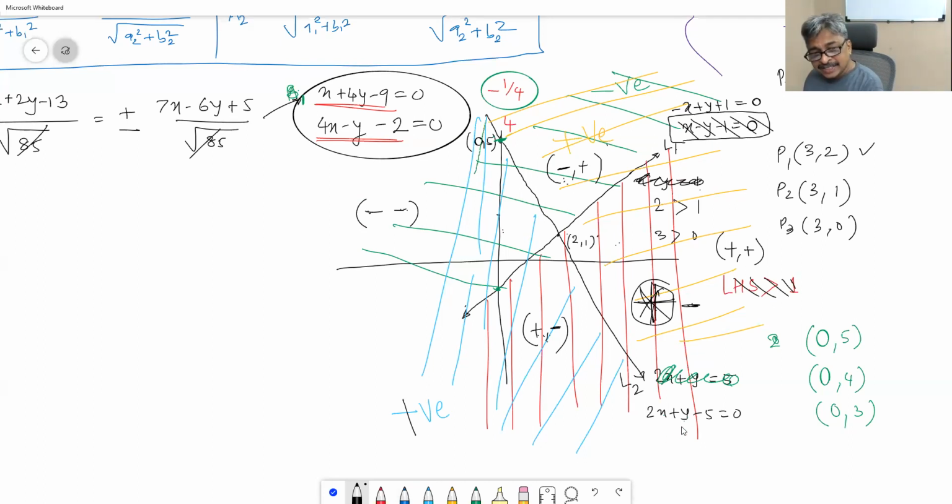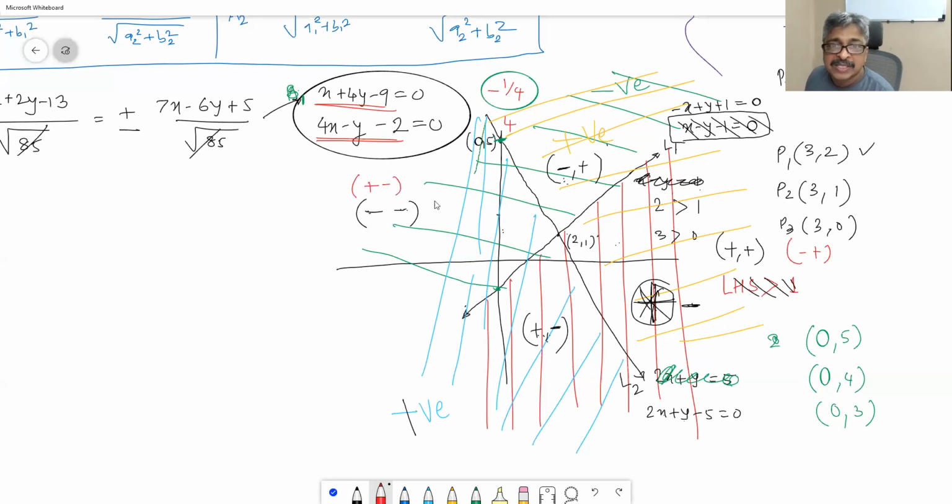If I keep this line as it is, and if I multiply this line by minus 1, then what are the quadrants now? This becomes new color. This earlier it was plus plus, now it has become minus plus. Opposite, earlier it was minus minus, now it has become plus minus.